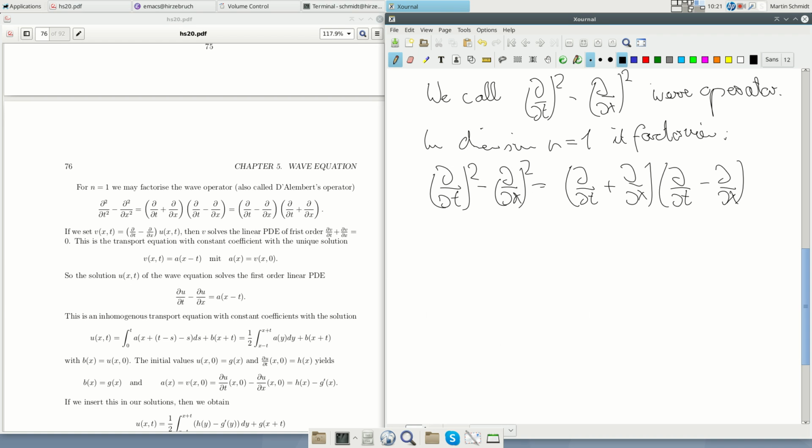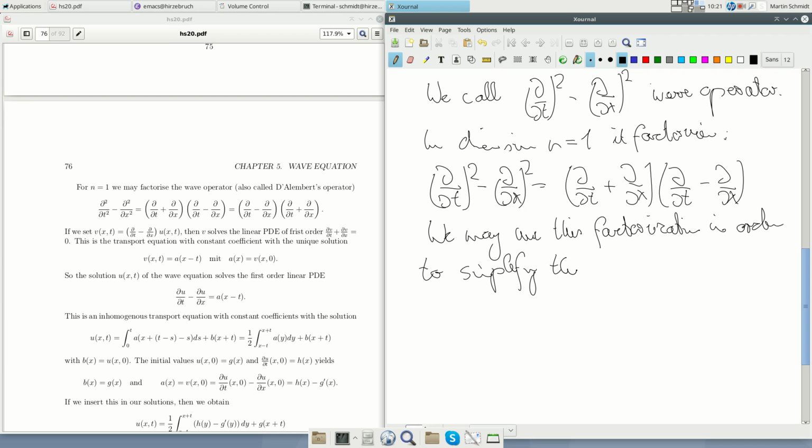And now we may use this factorization in order to simplify the wave equation, but only in one dimension.